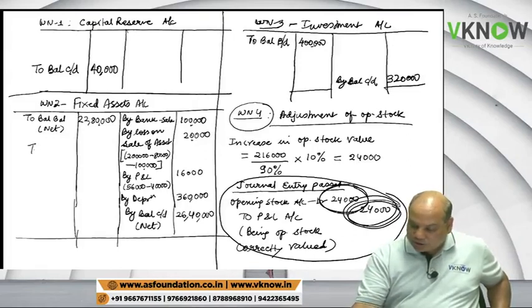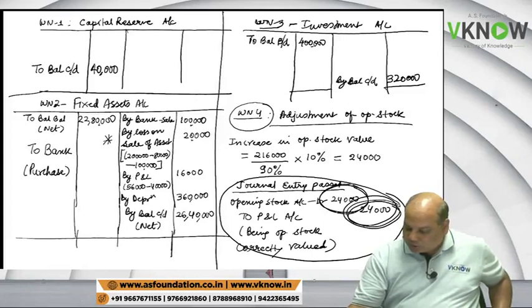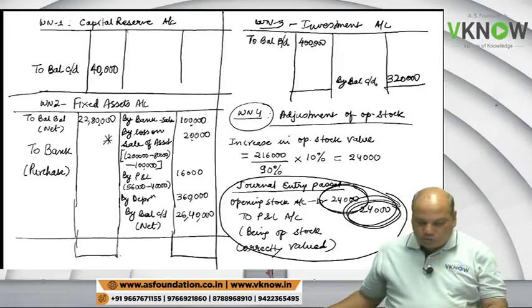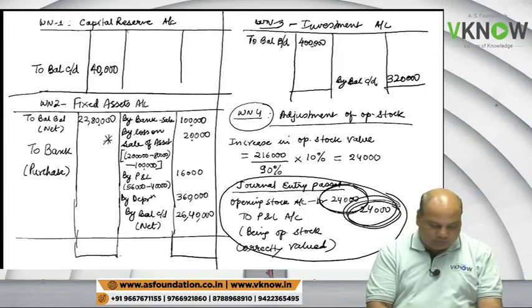Check on the debit side. There is a balancing figure to bank which is purchase. So student will take the total of the credit side first: 1 lakh plus 20,000 plus 16,000.